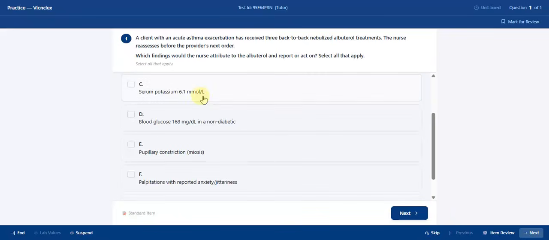Then C says serum potassium level of 6.1 millimoles per liter. Now, take note. When we have hyperkalemia, I used to teach this in renal, NCLEX can ask you ways to manage it. Hyperkalemia is a situation where your potassium level is way high, greater than 5.0, because the normal potassium level ranges from 3.5 to 5.0.